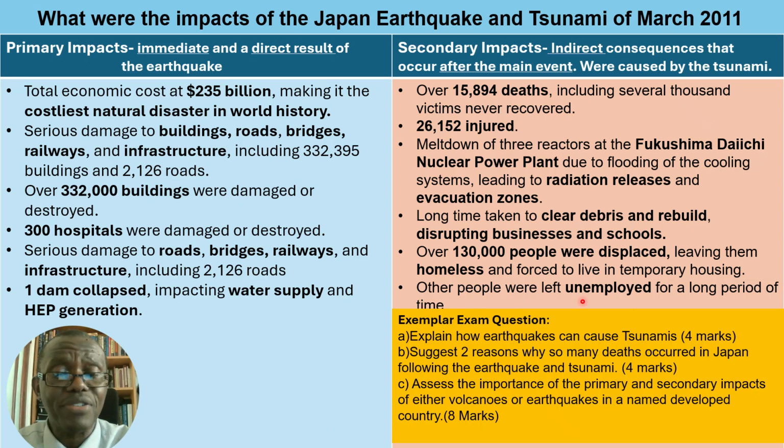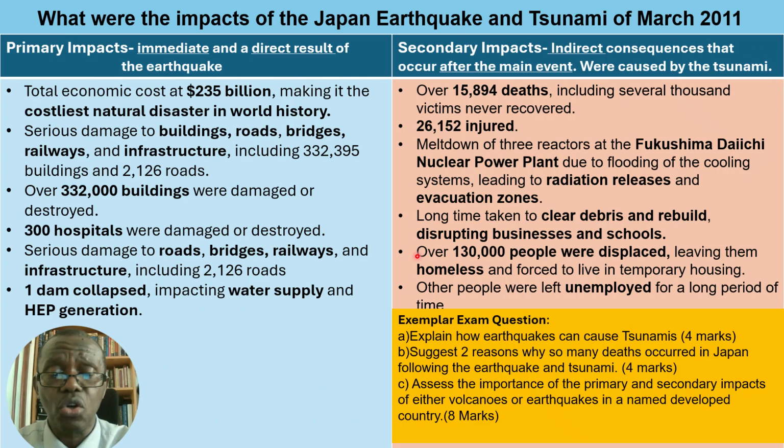Other people were left unemployed for a long period of time. So this earthquake, followed by a tsunami, wreaked a lot of damage in a country that is a high-income country. Ordinarily, there wouldn't be as much damage, but the main determining factor here was the tsunami.